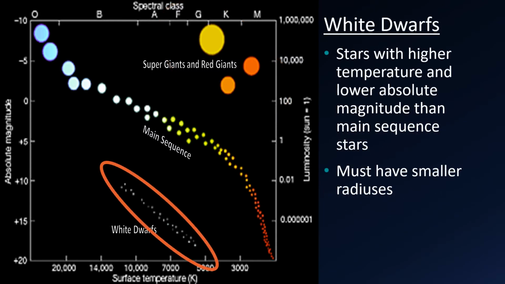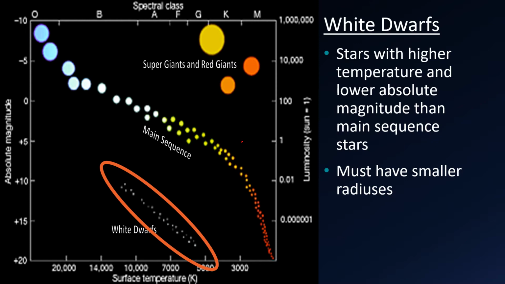Down here, we have the white dwarfs. These are stars with really high temperatures at first and lower absolute magnitudes than main sequence stars. And they're going to have small radiuses. And so what you'll notice, though, in our discussions about different star types, we talked about how white dwarfs will eventually just get colder and colder and colder.